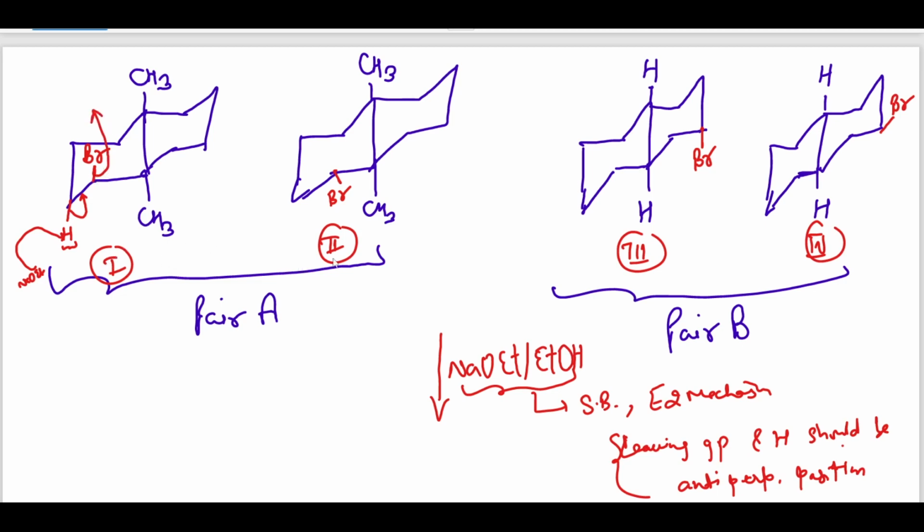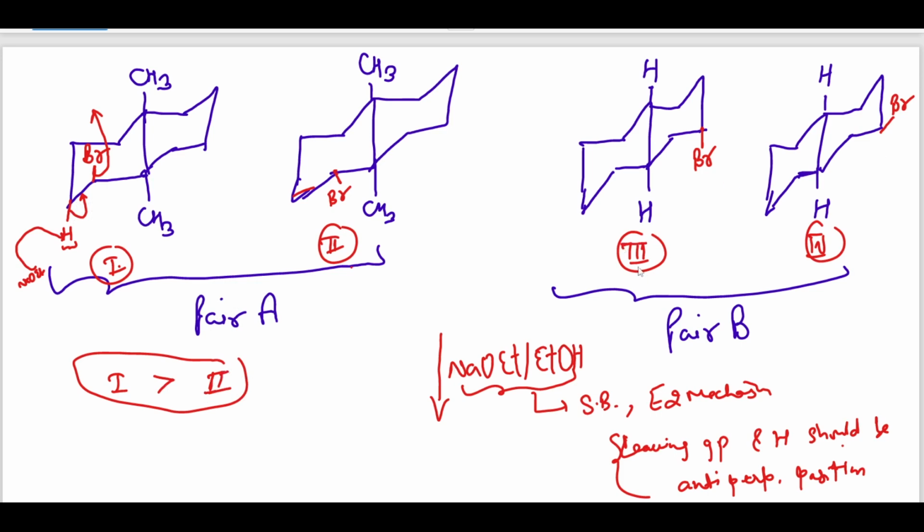So if we compare 1 and 2, obviously 1 will be more reactive as compared to 2, because in the case of the second, bromine is at equatorial position, but your bromine should be at axial position. Both bromine and this proton should be anti-periplanar to each other so that elimination can occur easily. So in this case, first is more reactive in the elimination reaction as compared to second.